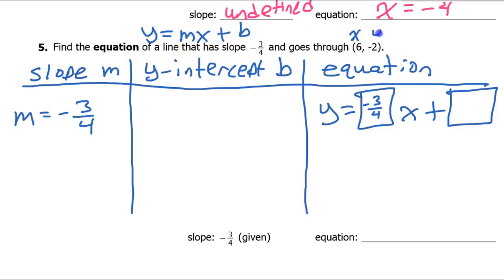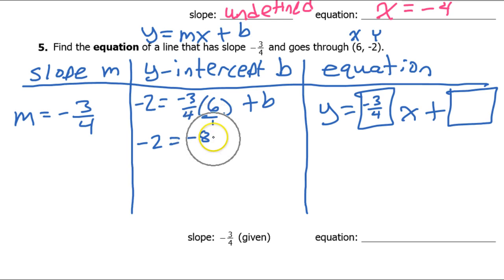My x and my y are right here. So that's why I'm going to put -2 is equal to -3/4 times 6 plus b. And this is like 6/1. So this is -2 is equal to -18 over 4.